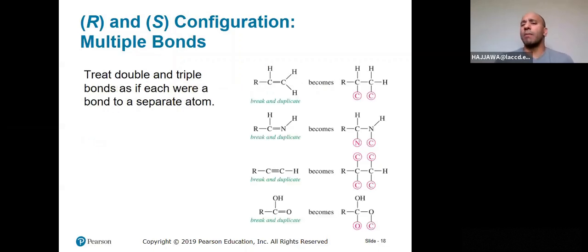What if I have double bonds? So I look at the 4 different groups of atoms, and I see there is a difference in multiple bonds that exist in those groups. Well, how do we view that? The double bond, you need to view it as multiple atoms attached, meaning this carbon is double bonded to the other.